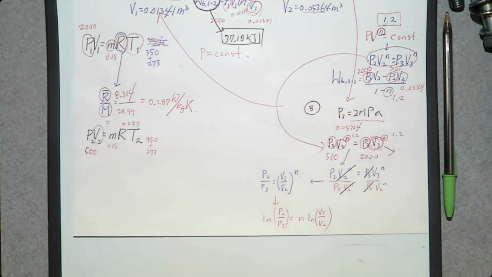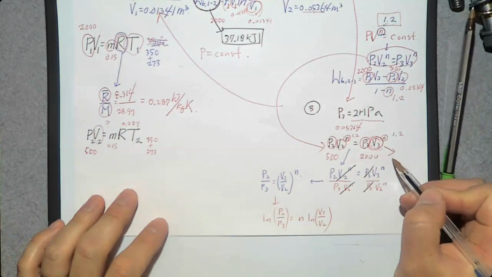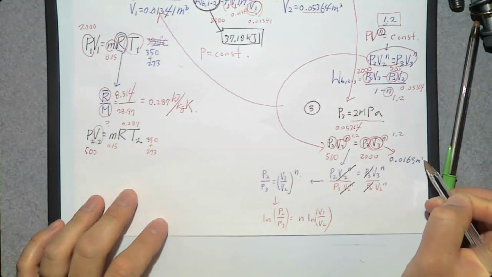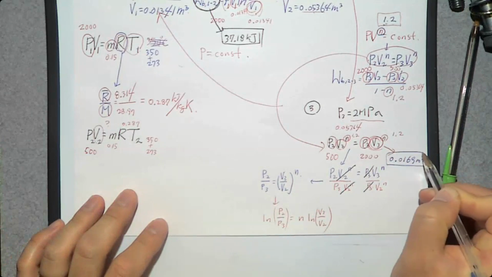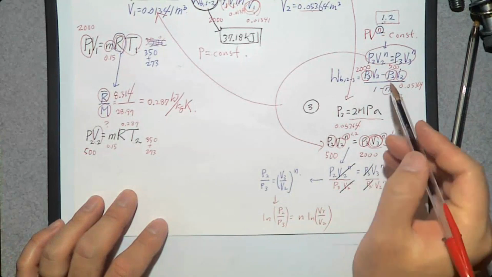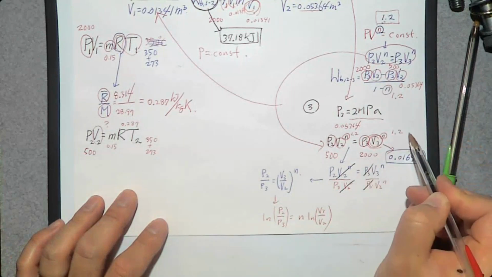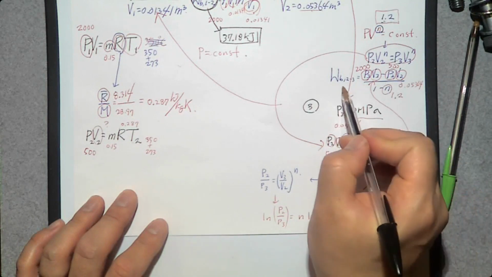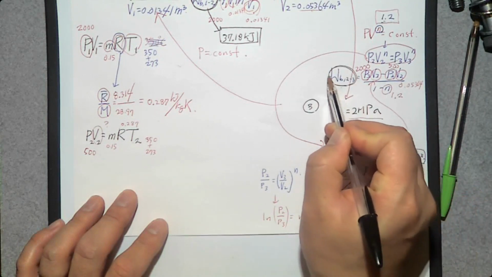Anyway, if you determine V3, the answer is 0.0169 cubic meters. That is V3. Then you can complete this V3 here. Substitute in here. Then you can determine the moving boundary work between 2 and 3.